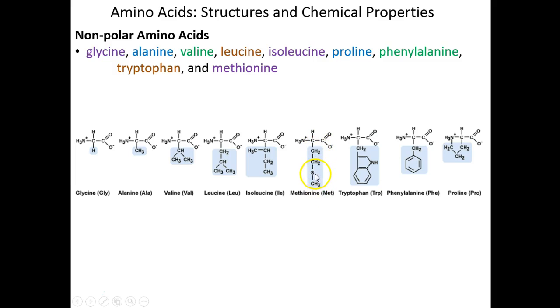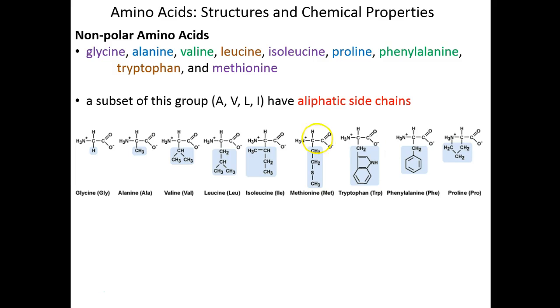Methionine is considered nonpolar, even though sulfur has a little bit of polarity, but the overall side chain is considered nonpolar. Those of you who are looking close, you'll notice that this indeed is a polar bond. This is a partially positive hydrogen bound to a partially negative nitrogen. There is some polar property here, but it makes up such a small part of this huge side chain that the overall side chain is considered to be nonpolar.